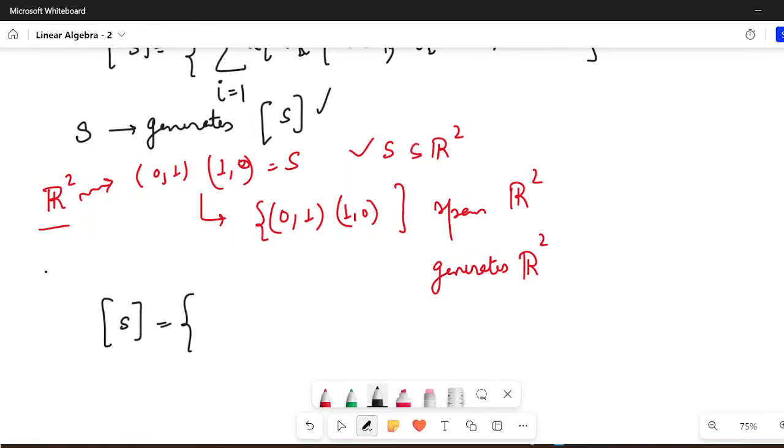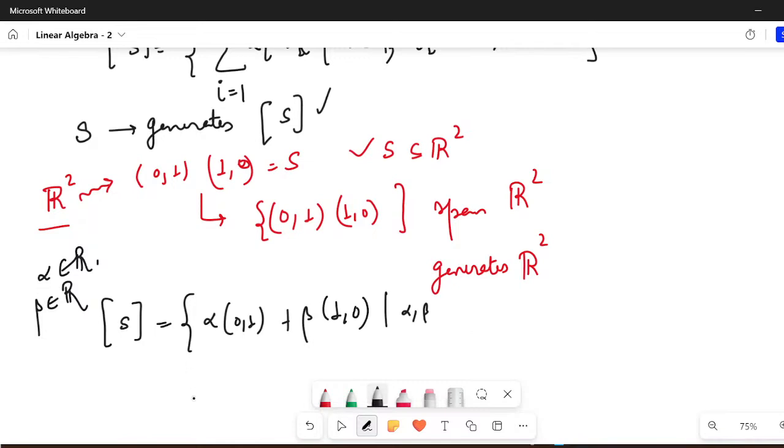Let's say alpha belongs to R, let's say beta belongs to R. Then I can write alpha (0, 1) plus beta (1, 0), where alpha, beta belong to R. This is your linear span. So you can really write it as (beta, alpha).